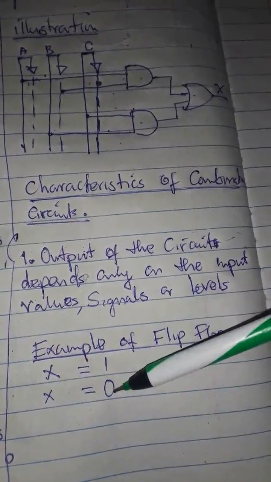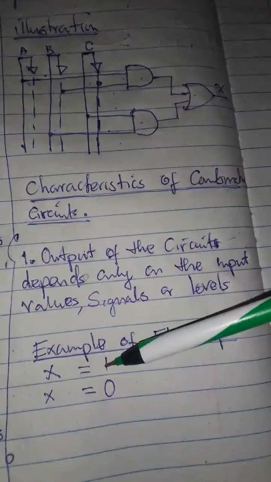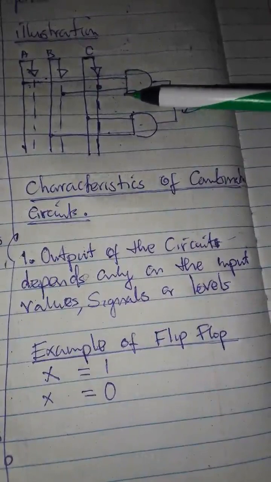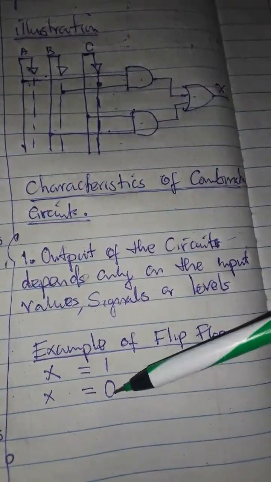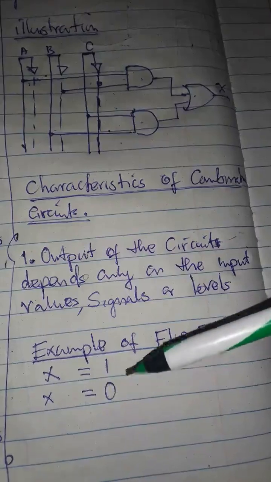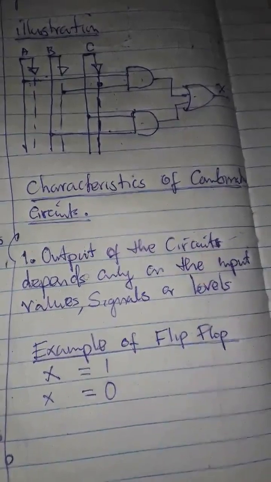When you're working with sequential circuits, the first result that you get from the calculation will be used as another input to get the second result. Meaning the previous result is used as an input to get the next result, and the chain keeps going like that.